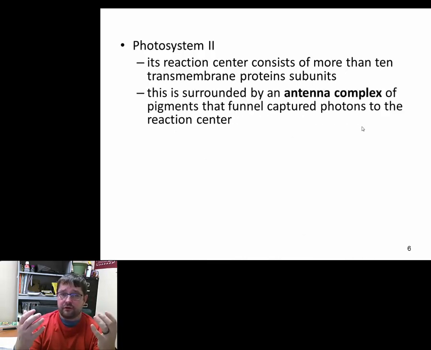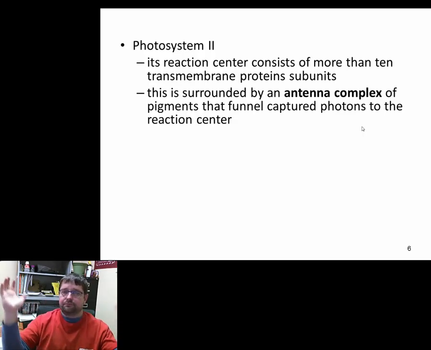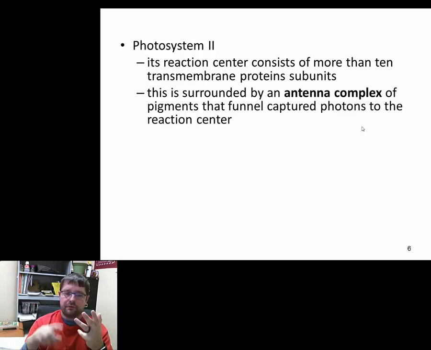That reaction center, where that free electron is held, is going to be surrounded by an antenna complex. And again, we already talked about the antenna complex. It's kind of like a dish that houses pigment molecules: chlorophyll A, chlorophyll B, carotenoids, xanthophylls.